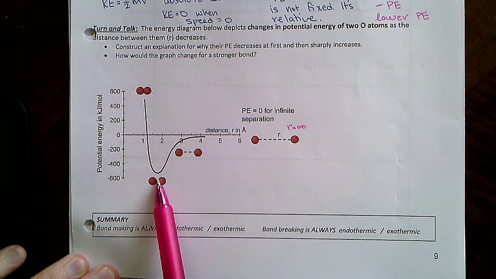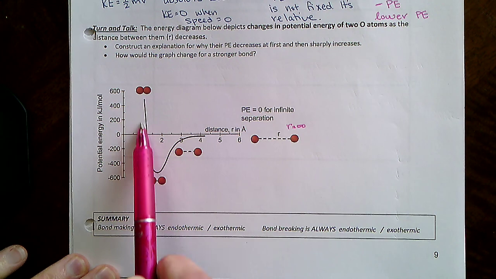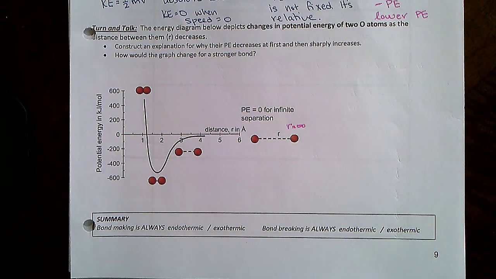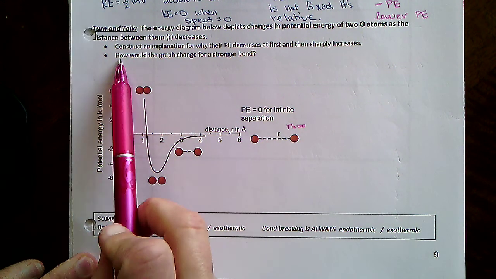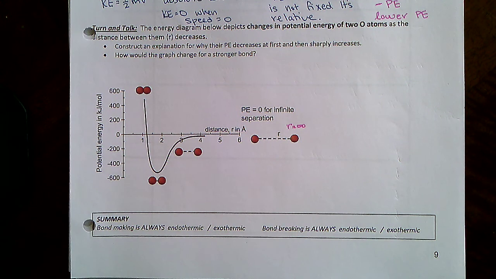We're getting to lower and lower potential energies, and then sharply increases. See if you can come up with an argument to explain that. And then I want you to think about how this graph would change for a stronger bond. So go ahead and pause the video, think through those two questions.